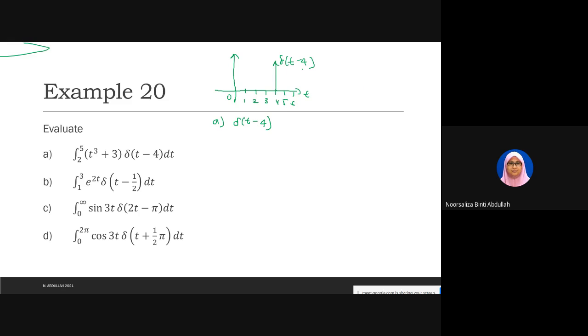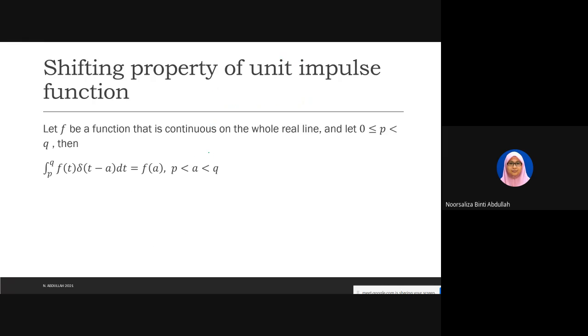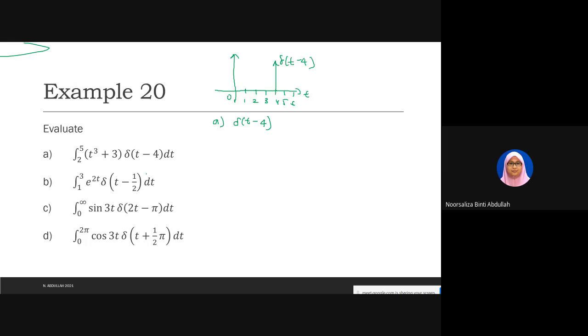Okay, then you punya FT, kalau you tengok dekat sini. You have a FT, integration from P to Q, FT delta T minus A, and this one will be FA nanti. So, ni automatic, we know that A is equals to 4, betul?